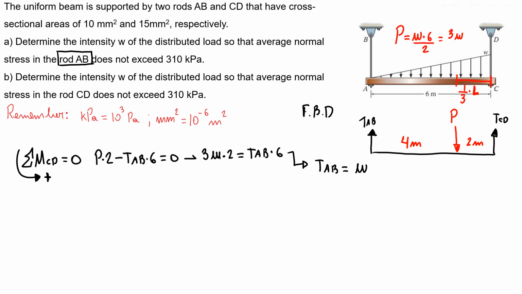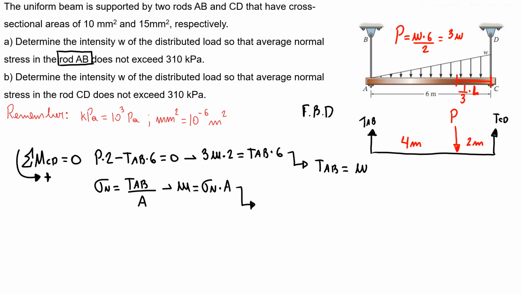Now I know my normal stress equals TAB over area. I know my TAB is the same as omega, so omega equals the normal stress times area.